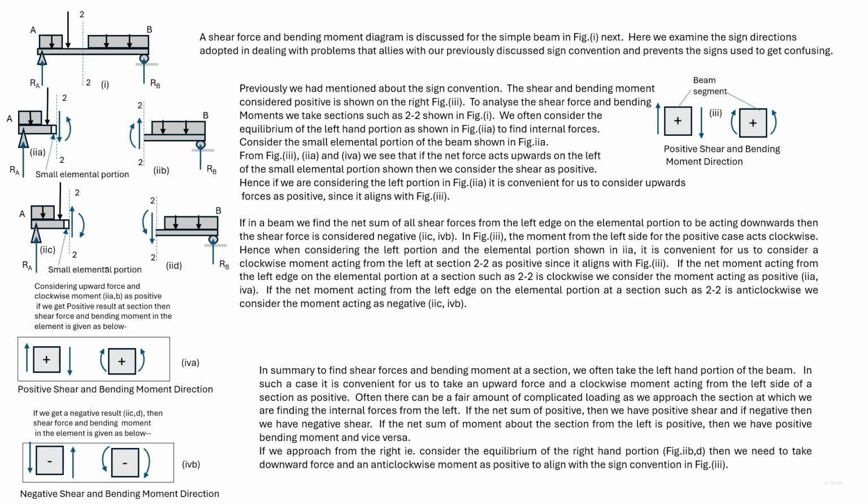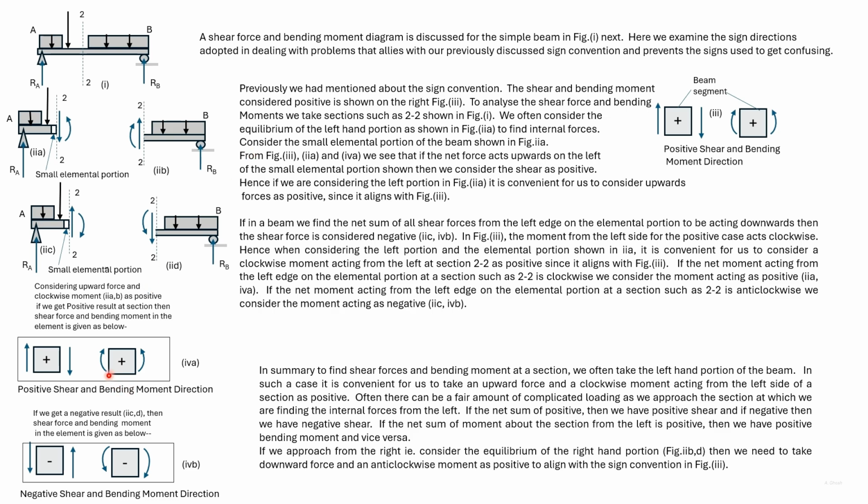Now let us look at bending moment. From the left, we consider clockwise moment as positive. In this figure, we have taken the moment due to Ra on section 2-2 to be greater than the moment due to this point load and the resultant of this uniformly distributed load.